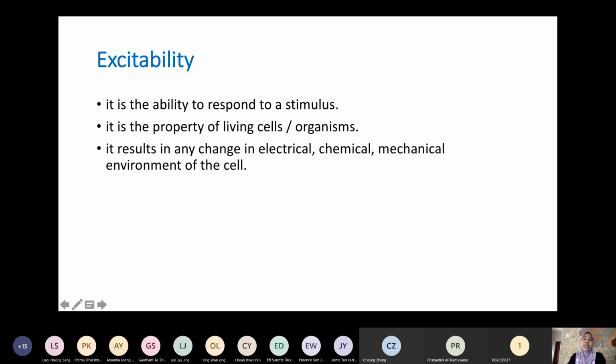So it is a property of living cells and organisms. Every cell and every organism can be excited, and it is a result of changes in either the electrical, meaning the electrical currents, the changes in the ions, the positive and negative charge, or the chemical composition inside our body, or the mechanical environment of the cell itself. So maybe the environment is heat, and when there is heat, it can generate the movement of the ions and so forth.